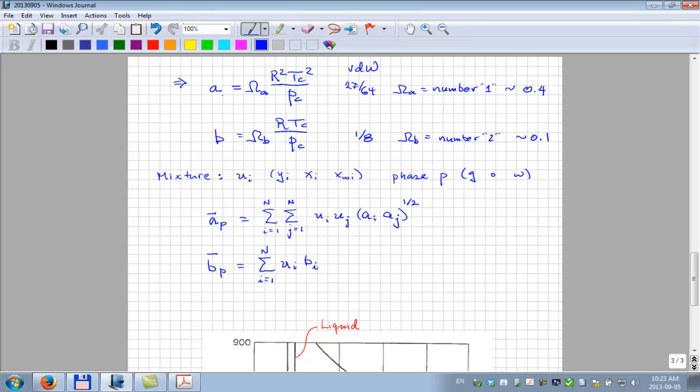Ai, you just have to know the critical properties of the component i here. Any questions? So that's application to mixtures. This is for a particular phase.